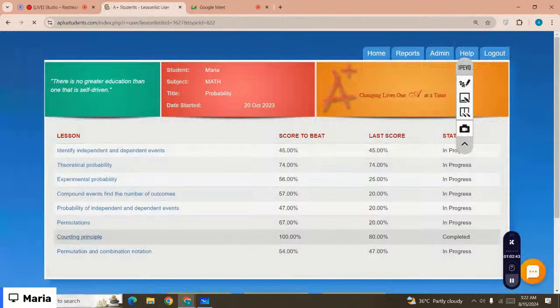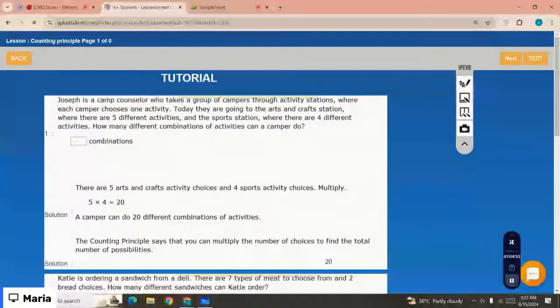And a craft station where there are 5 different activities, and the sports station where there are 4 different activities. How many different combinations of activities can a camper do?